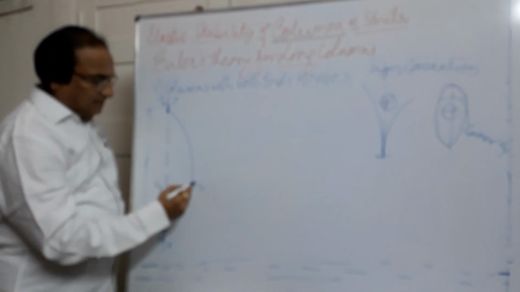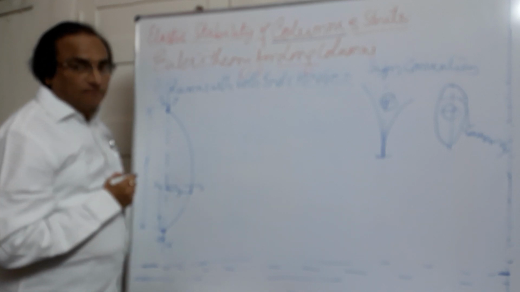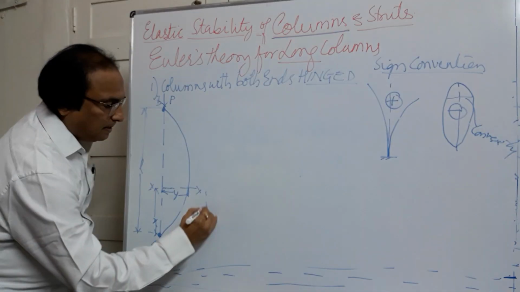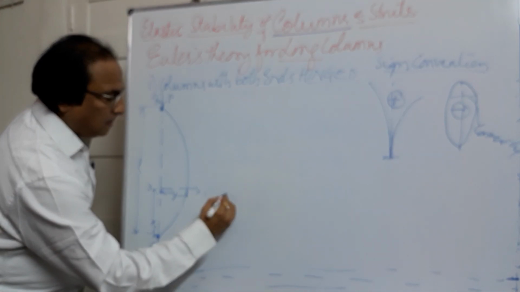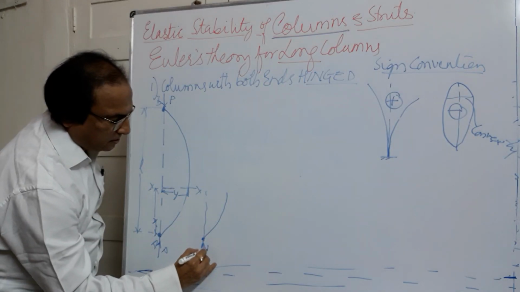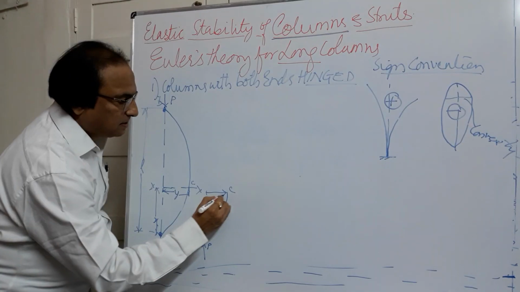Consider a section XX at a distance x from A and let Y be the deflection at that point. Now if I take out this part separately, this is a load acting. This point, if I call it C, and this deflection is Y.